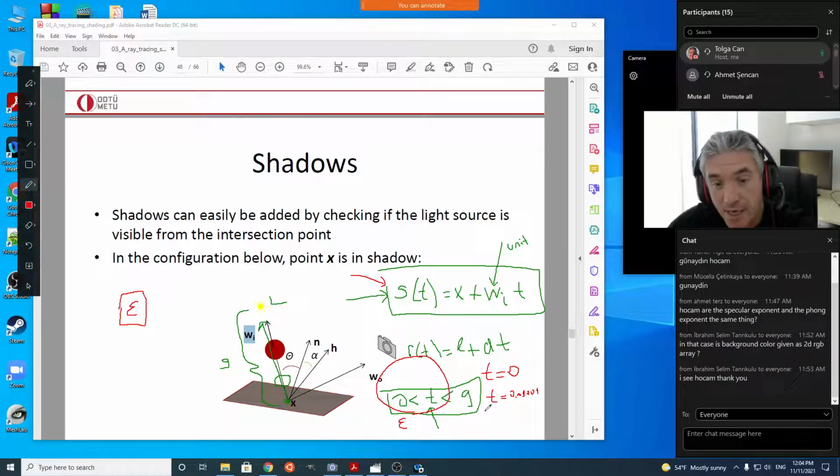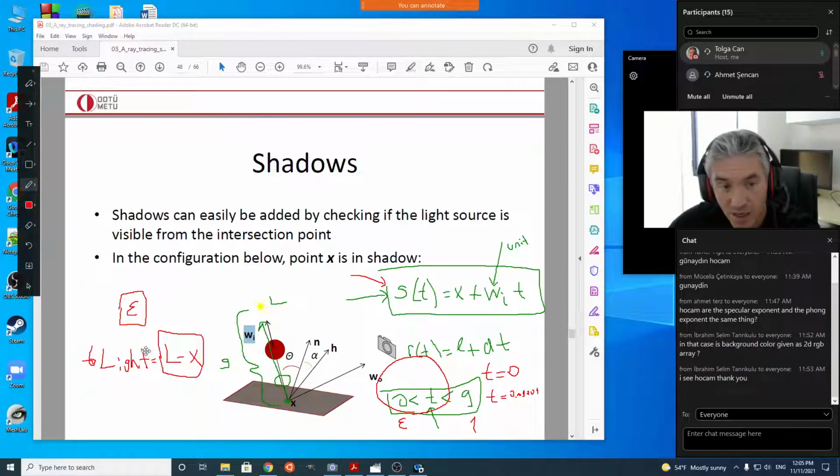By the way, if this wi is not normalized, imagine I have this light vector specified as L minus X, non-normalized, it means that the intersection that you're checking is going to be between 0 and 1. So if t is between 0 and 1, then there will be shadow.